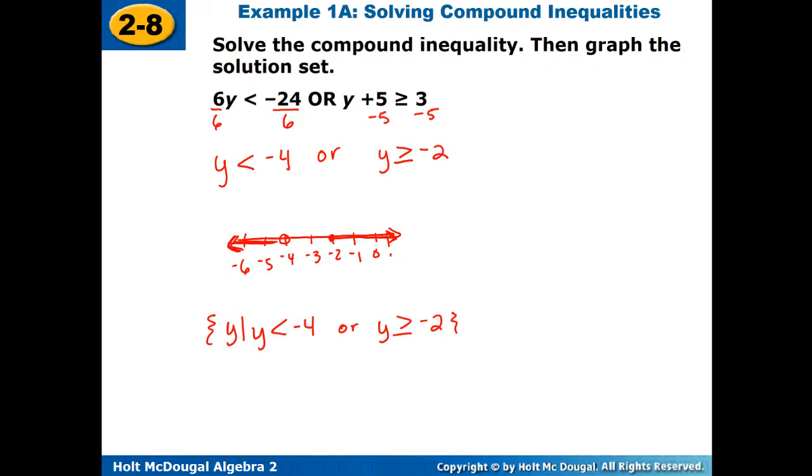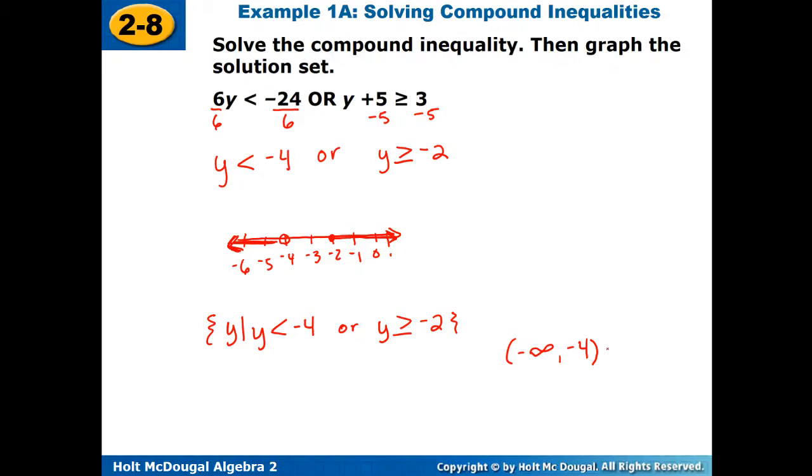You could also write this information in interval notation, and the way that would be would be -infinity, and notice I used the rounded brackets, to -4. -4 is not included, so again we'll use the rounded brackets.